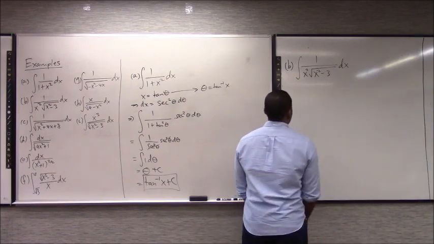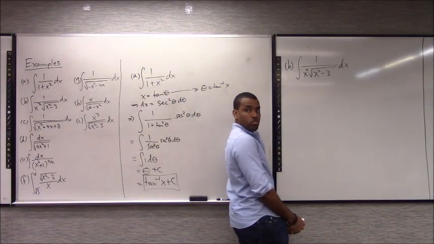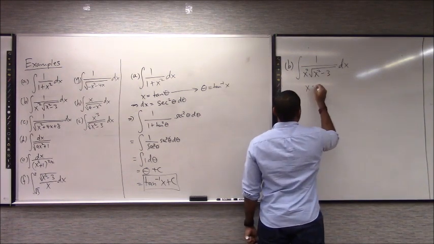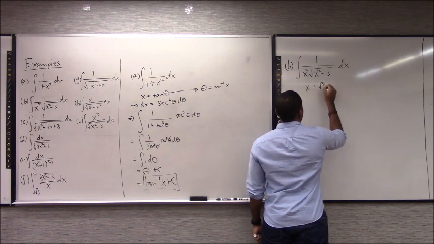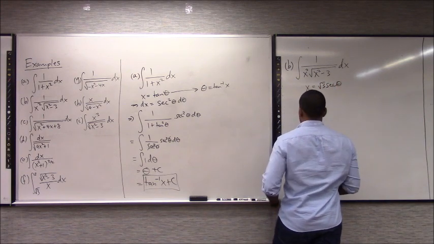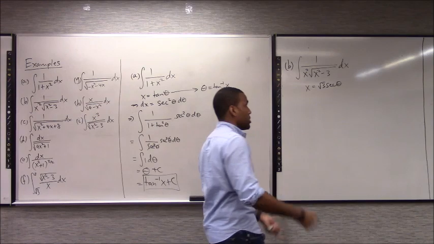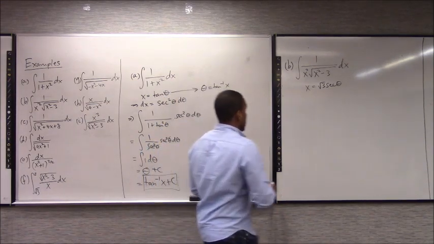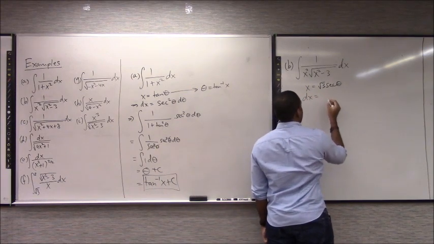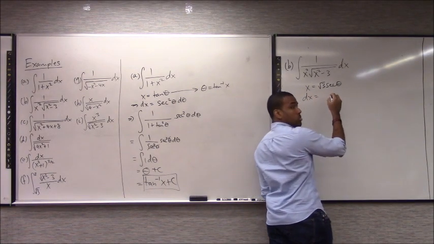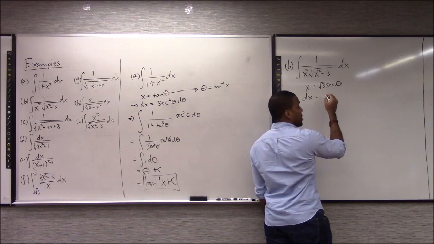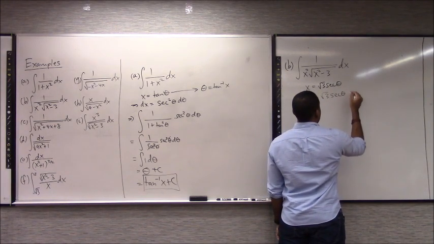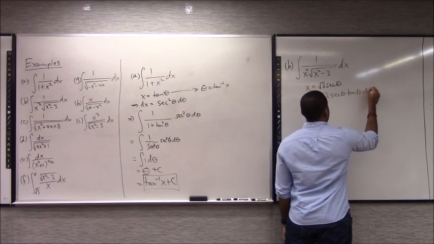So what would be the correct trig substitution here? x equals radical 3 secant theta, because that reminds you of secant squared minus 1, which you know is tangent squared. So your dx would be radical 3 secant theta tangent theta d theta.